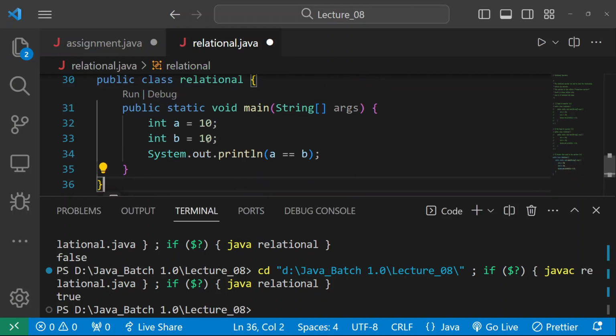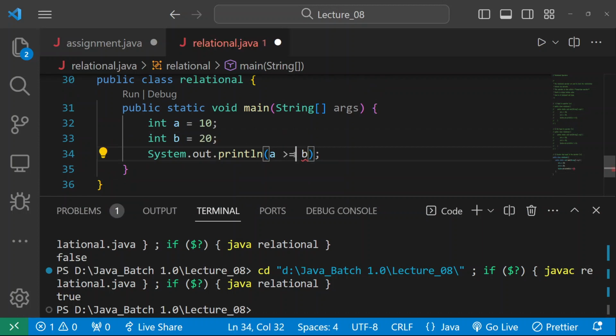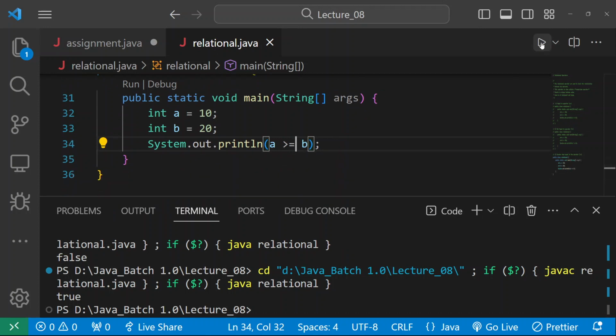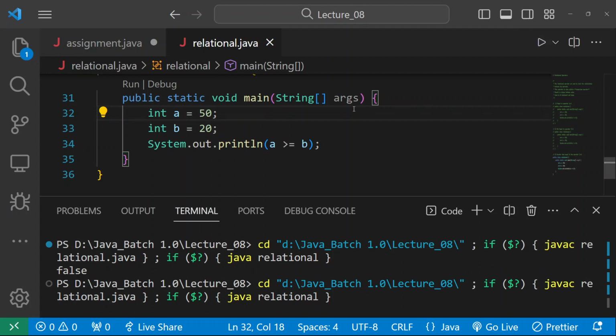If I want to check that a is greater than equal to b, it is the same simple mathematical check you have learned in school and college. Yes, it is false because 10 is not greater than 20. If you make it 50, this time you will be getting true because a is greater.